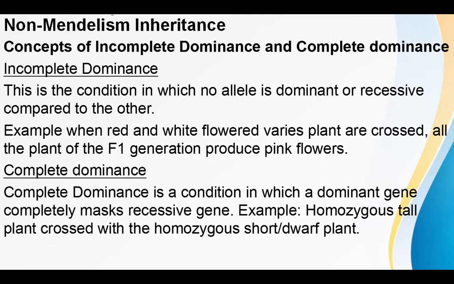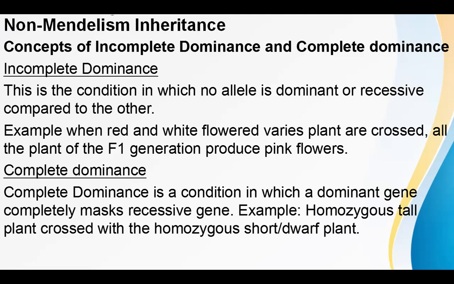As you can see, the parents were red and white, but the first generation got pink flowers. So it is different from the original genes that were crossed, and there is no domination or recessiveness of the parent genes.